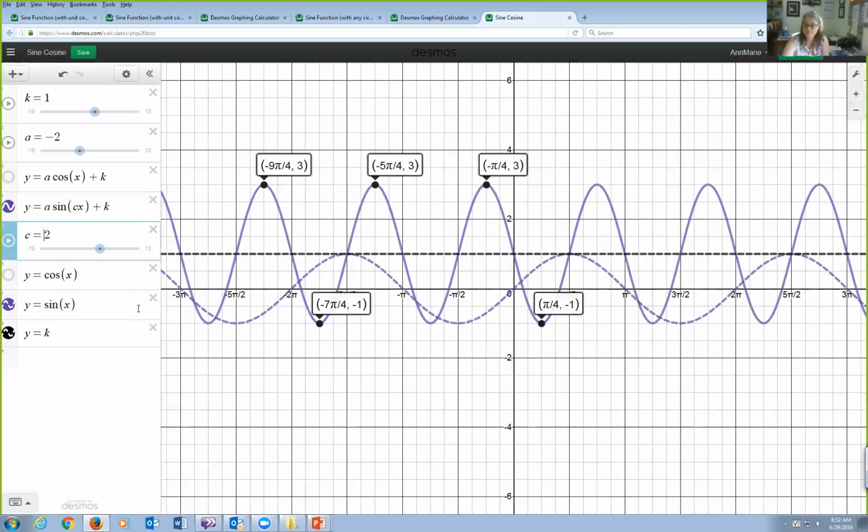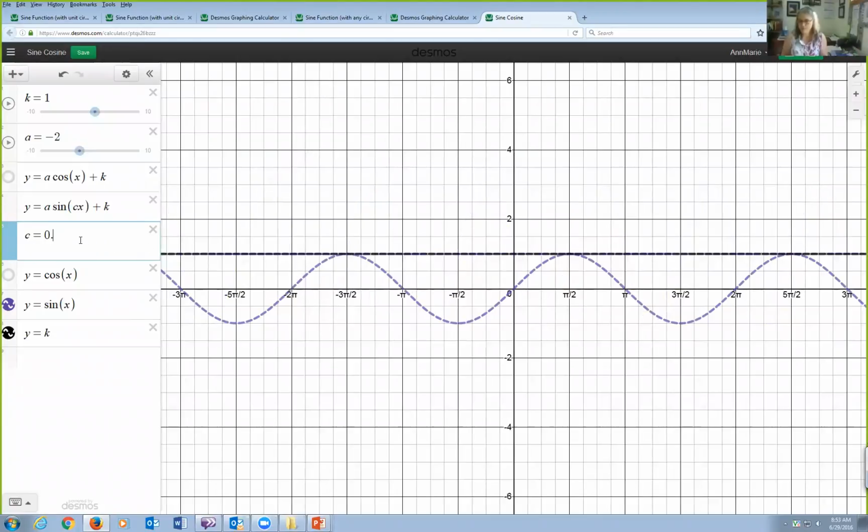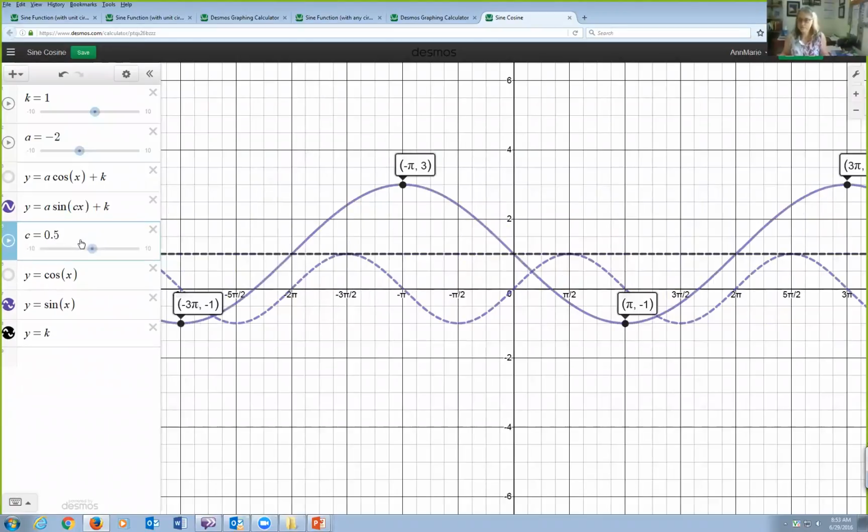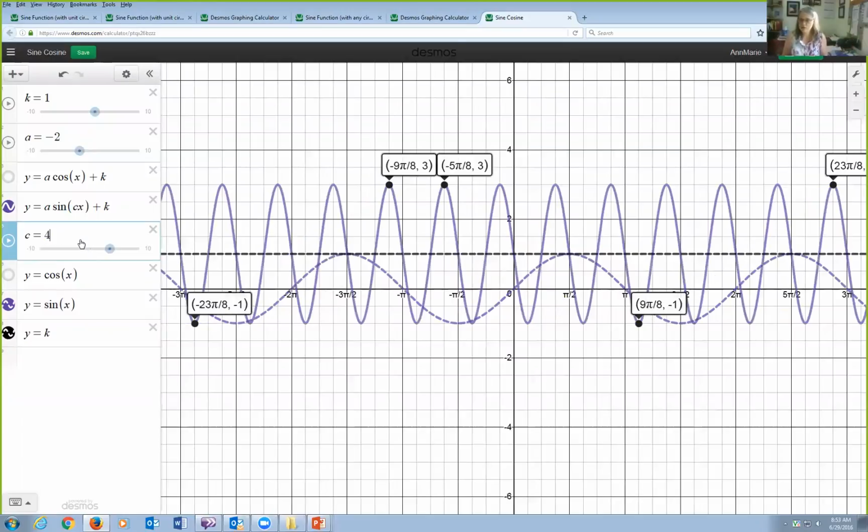My amplitude, the height of my waves, is unchanged, but the number of them doubles. Or if this were, say, 1/2, it takes twice as long to make a full wave. If this is, say, 4, then the number quadruples.